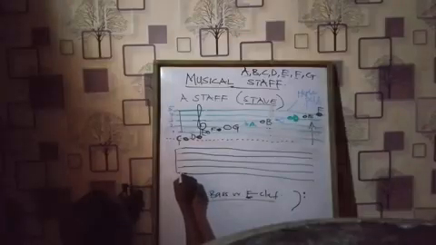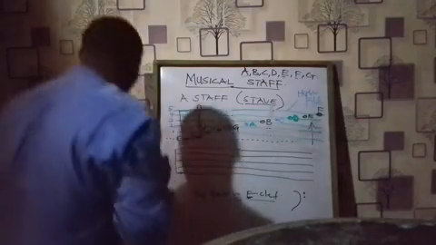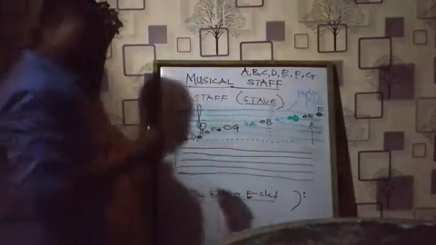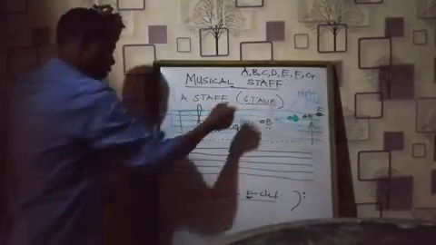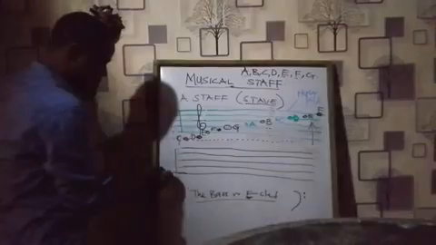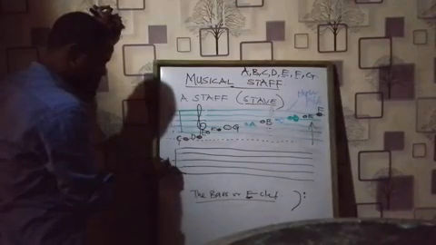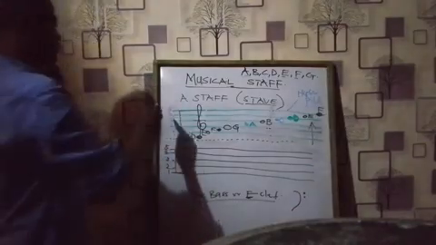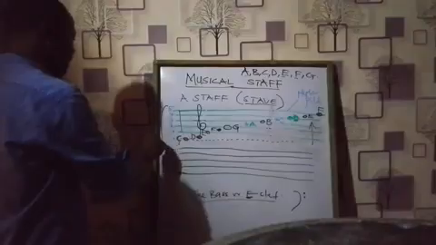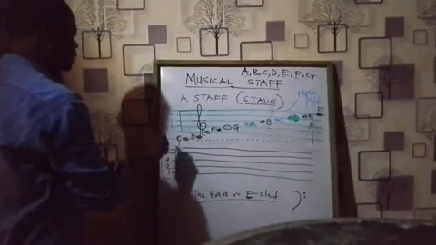And the other time I told others, when we have more than one staff, we call it stave. This is line 1, line 2, line 3, line 4, and line 5. You know, this together is called what?